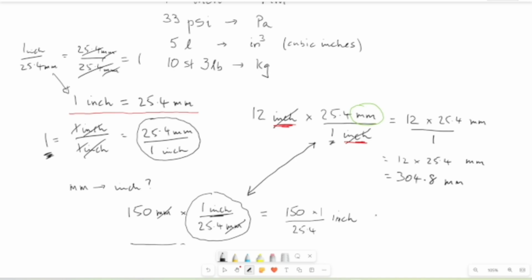And so that's just 150 divided by 25.4, which is 5.91 inch to 2 decimal places. So that's how we can do that conversion.